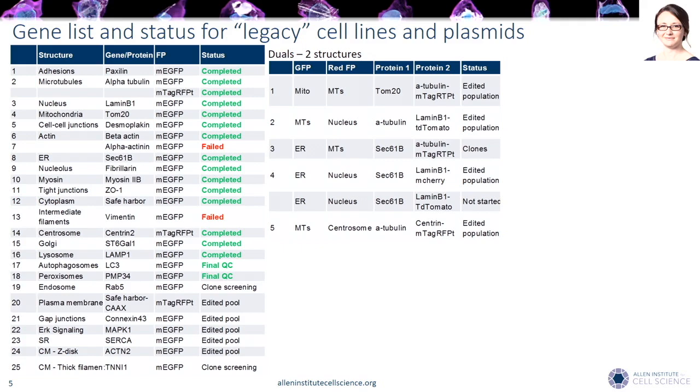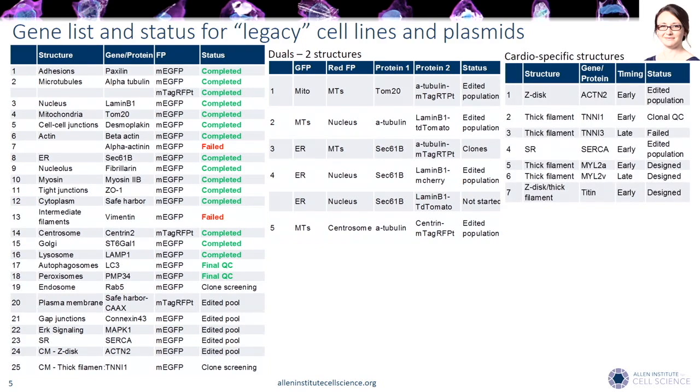So we have at the moment up to 25 single edit stem cell lines. And we have now up to 5 dual edit cell lines. So we have 2 colors within those cells. And we also have now a cardiomyocyte specific structure cell line.